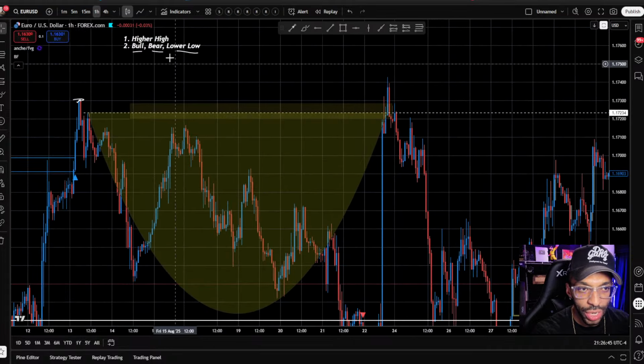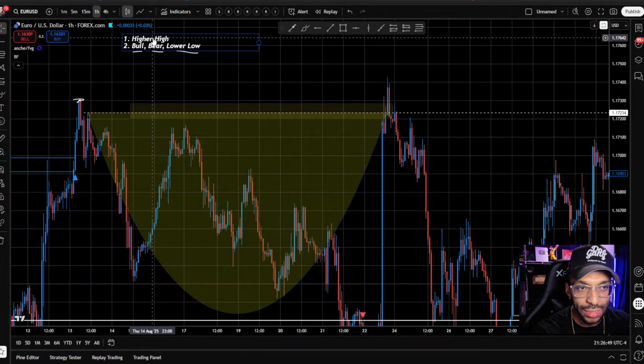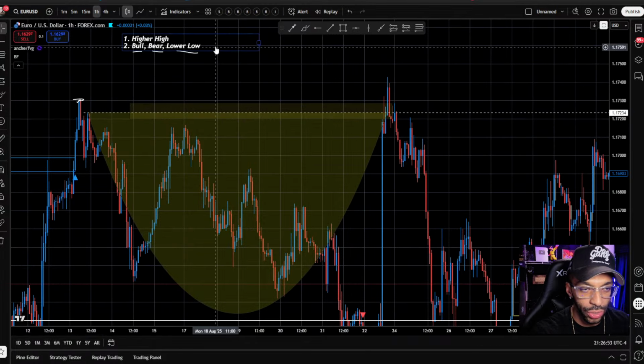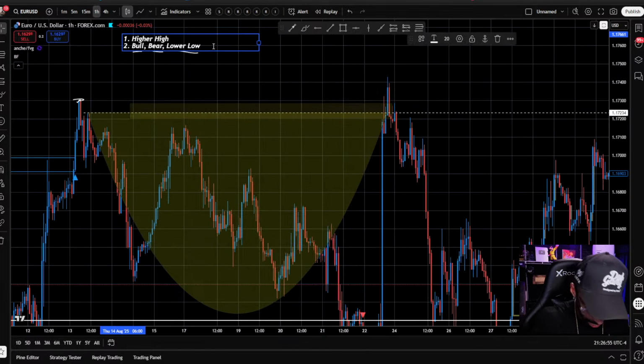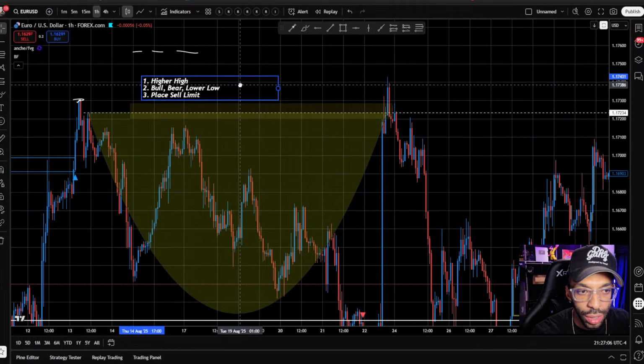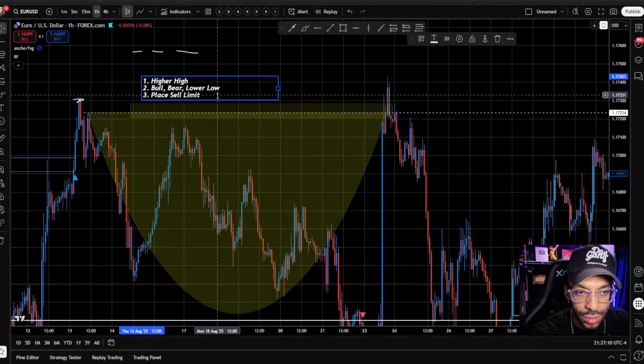Step 1, we need that higher high. We need markets to be at a high. Step 2, we get the bull, the bear, and the lower low candle. Step 3 is to place the sell limit. We're going to place our sell limit at the horizontal line.